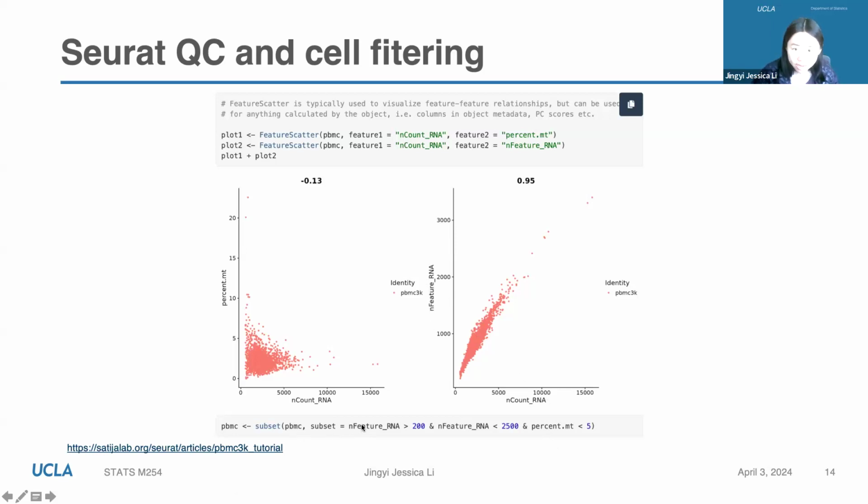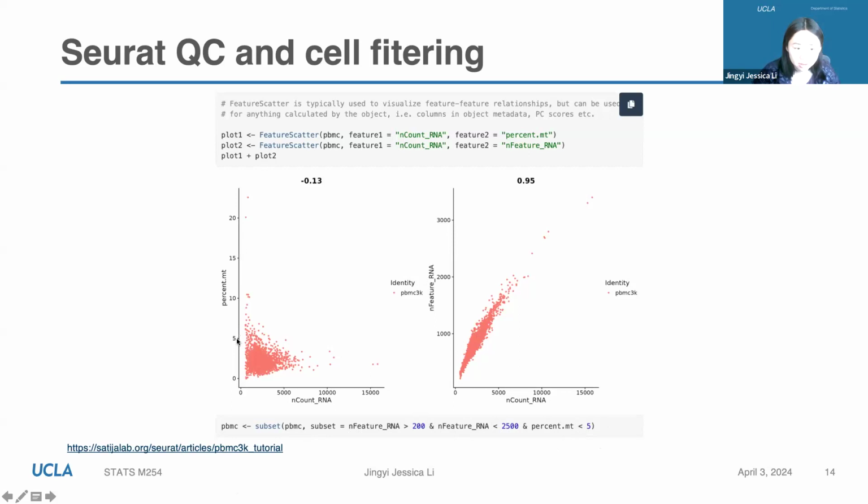And in Seurat, the default is this. You would only keep the cells whose number of genes is greater than 200 and less than 2,500, because you believe that above this, they are likely doublets, and below that, the cells may be dying. And you also set a criterion for filtering out cells with mitochondria percentages over 5.